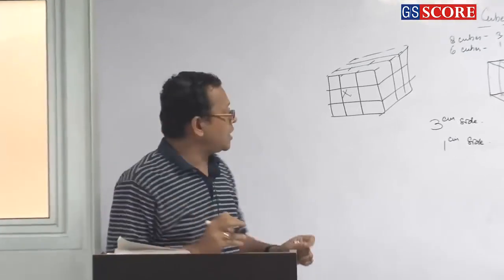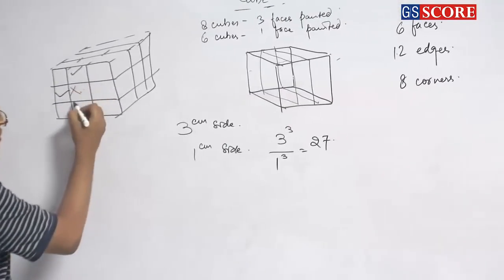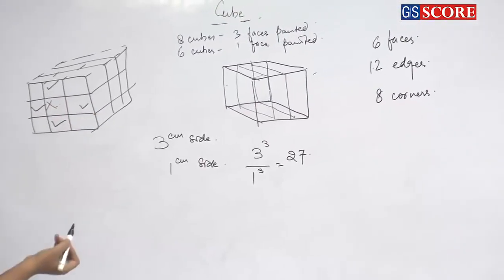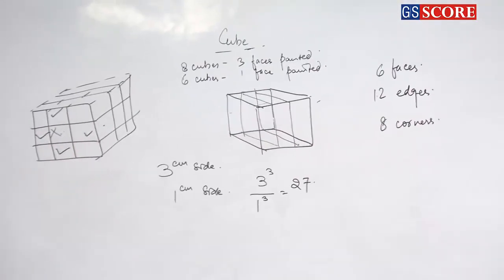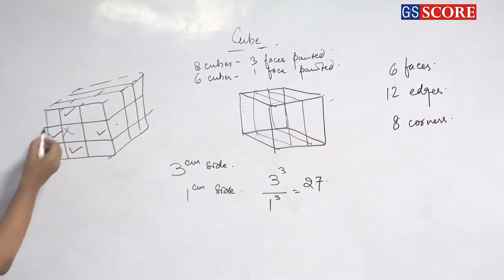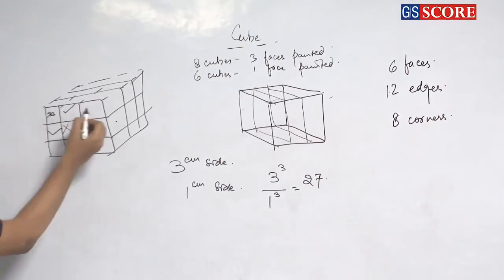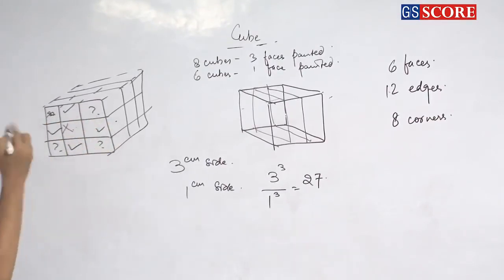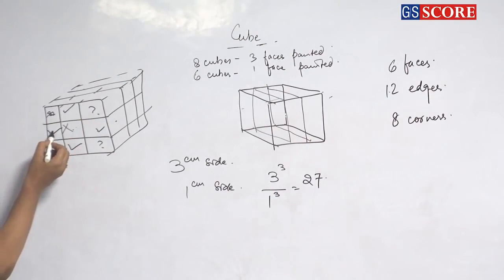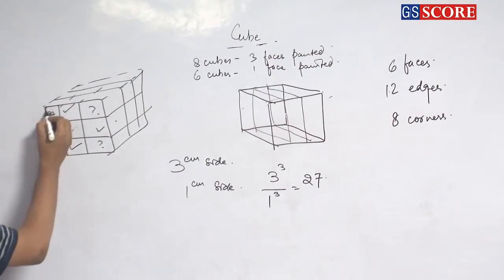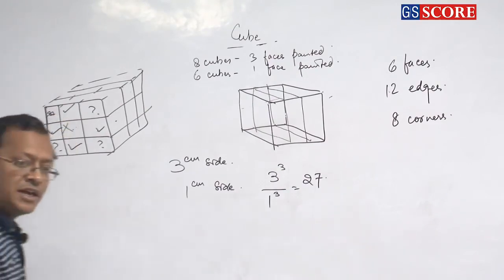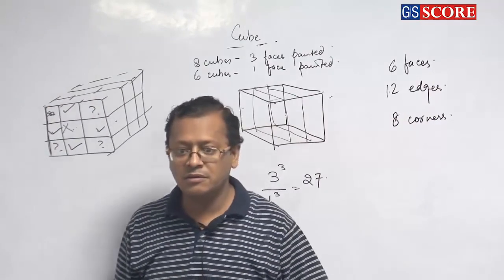Right? Now this is a cube having 2 faces painted, because this face and this face. Now this is a corner cube, so this you should eliminate. Okay. So this is a cube which has got 2 faces painted. So how many cubes are there on each length? 1.